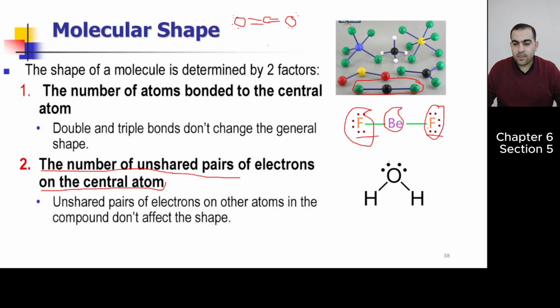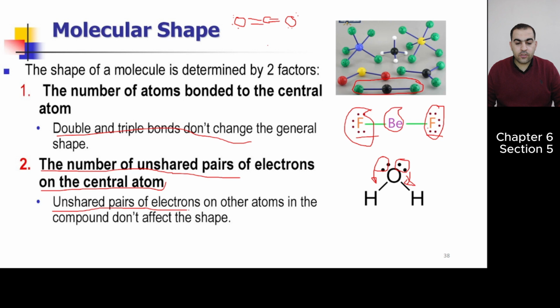The reason is these lone pairs. These lone pairs push the shared pairs, these two shared pairs, downward. There's repulsion. That's why the shape will be bent. It means lone pairs on the central atom affect the shape, as do the number of atoms bonded to the central atom. And double and triple bonds do not change the general shape.